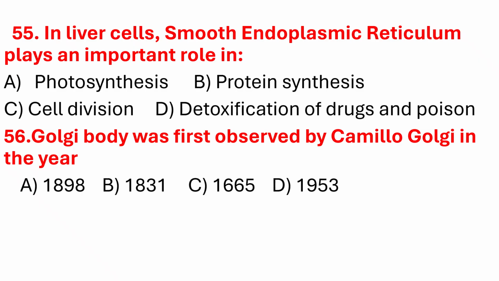In liver cells, smooth endoplasmic reticulum plays an important role in photosynthesis, protein synthesis, cell division, detoxification of drugs and poisons. Option D. Golgi body was first observed by Camillo Golgi in the year 1839, 1831, 1953, 1898. 1898.